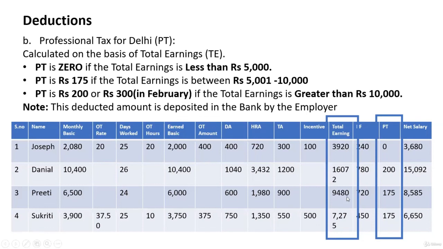Here in the case of Preeti and Sukriti, these earnings belong to the range of 5,001 to 10,000, so I have taken the professional tax of 175 rupees. And the professional tax is 200 or 300 rupees if your total earnings are greater than 10,000 rupees. This professional tax deducted by the employer is deposited in the bank.